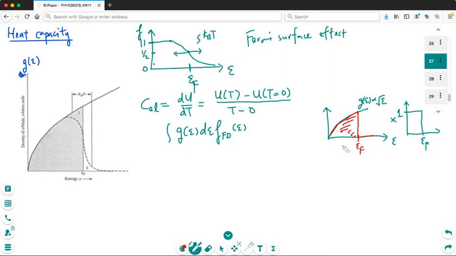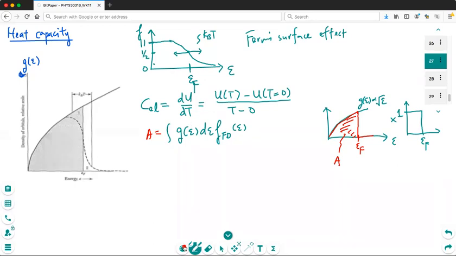So this A is actually this area: the product of the Fermi function times G(E), integrated with respect to energy. This tells me the number of particles at zero temperature.